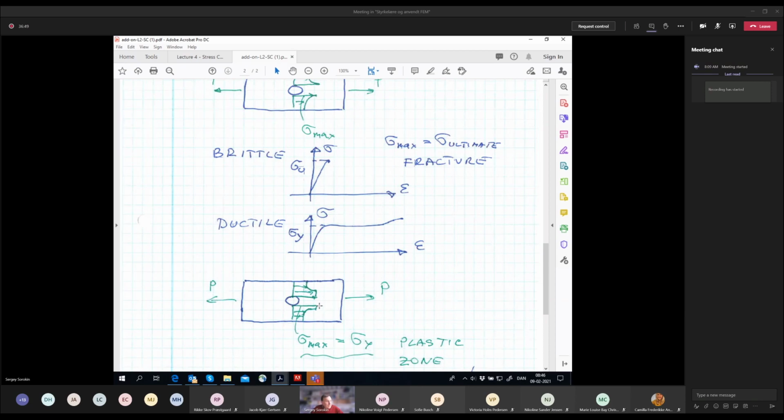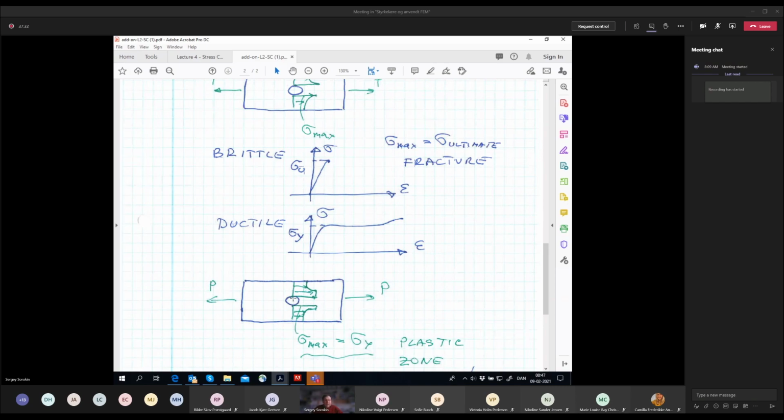There is no fracture. Then you continue increasing the force, and this force must be accumulated by the stresses here. The stress at the tip cannot be larger than the yield stress, so it remains the same. But in order to accommodate the increase in the force, these yield stresses start to penetrate into the material, so that we have here, and also here, what is called the plastic zone.